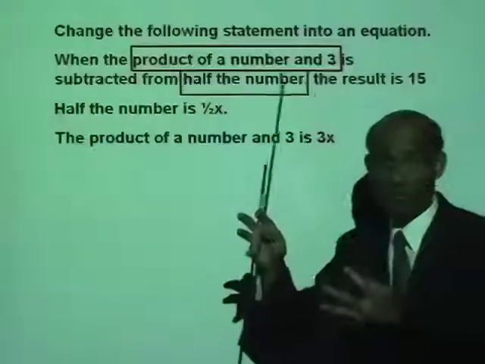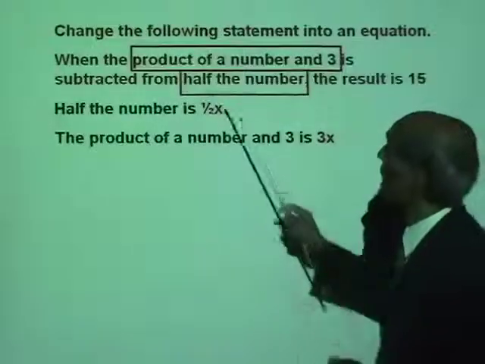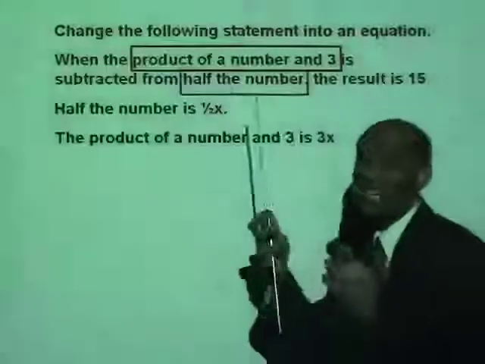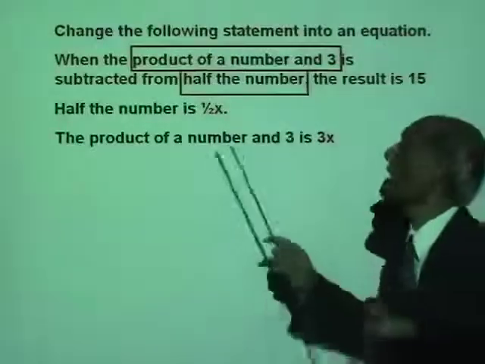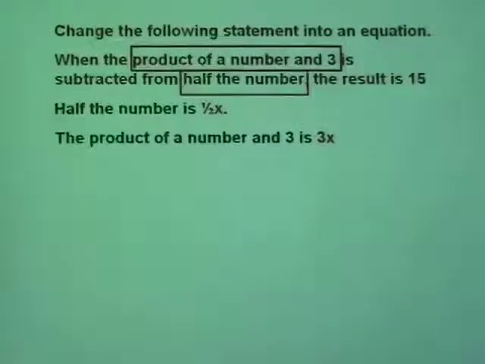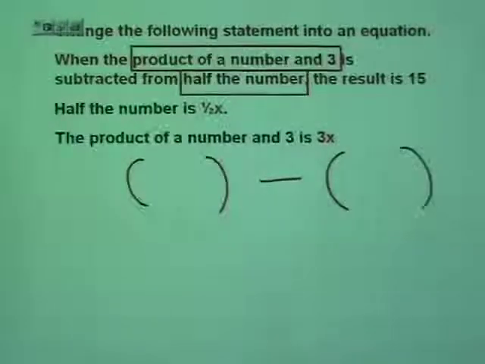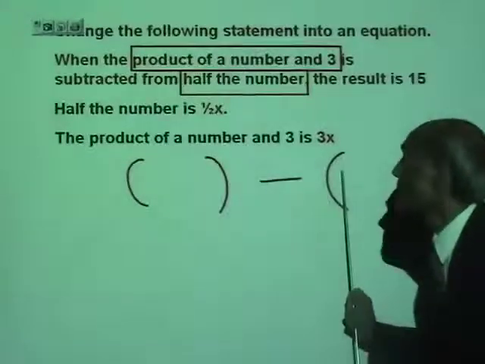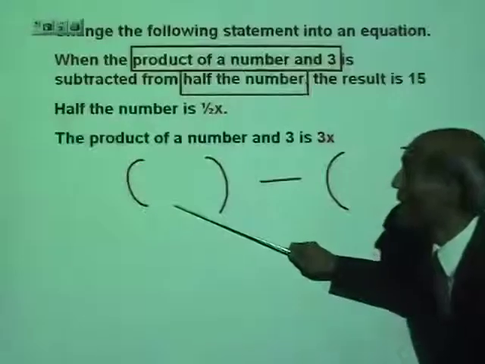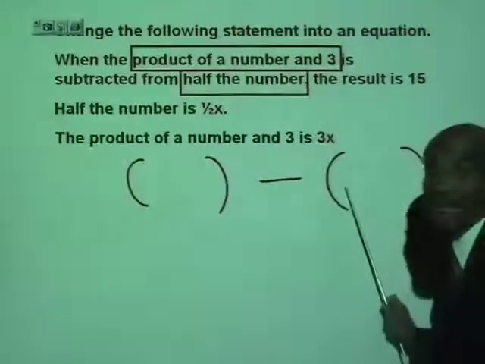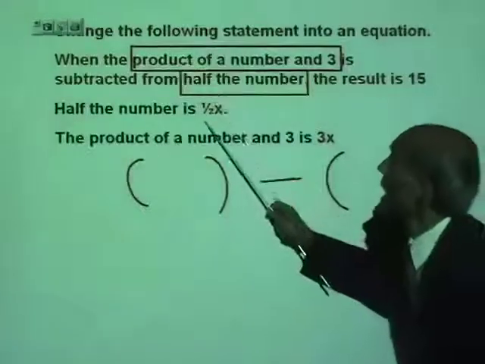Okay? Now we have both these figured out, and we are told that the product of a number and 3, that is this 3x, is subtracted from half the number. So, when you have a situation like that, I told you to do this. Is that right? Yes. You are subtracting a number from another number. So here, you are subtracting 3x from half x.